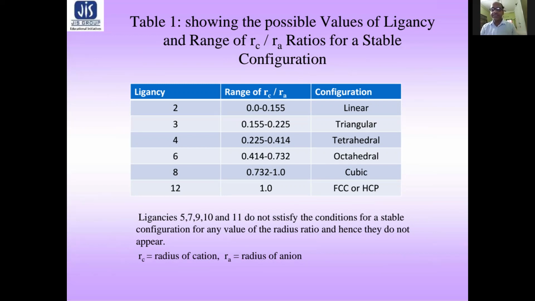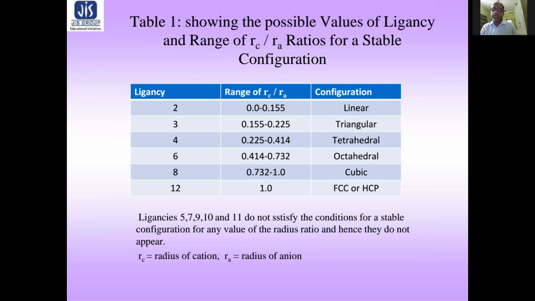Ligancy 8, the Rc by Ra value varies from 0.732 to 1, and here you find the configuration of a cubical structure. In case of ligancy 12, the Rc by Ra is equal to 1, and the configuration is FCC or HCP structure.